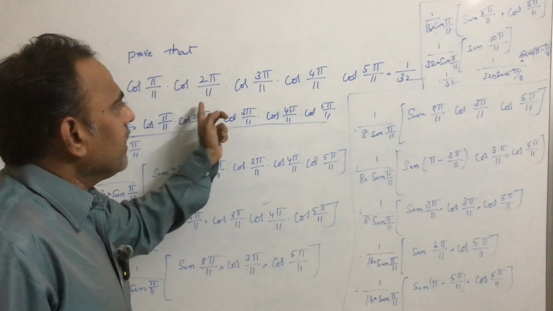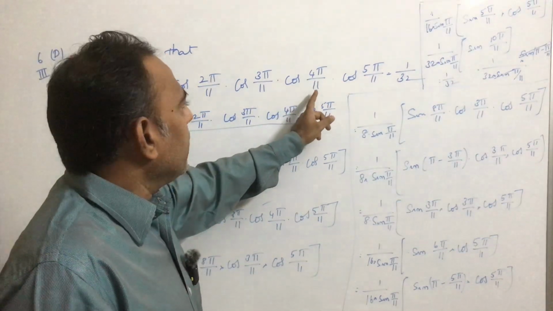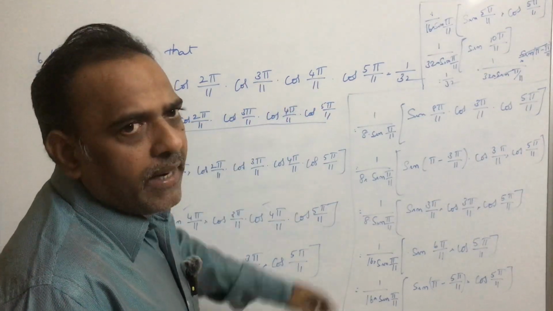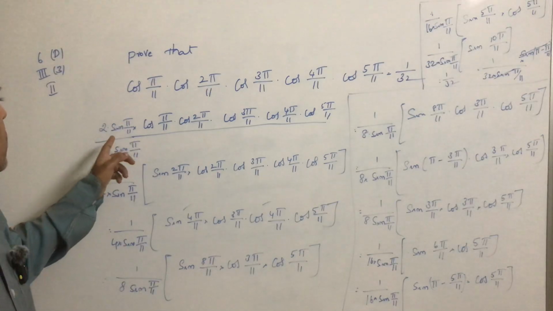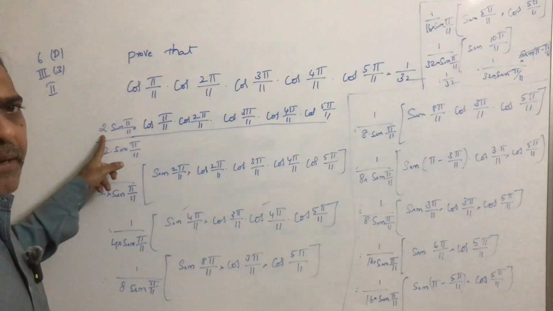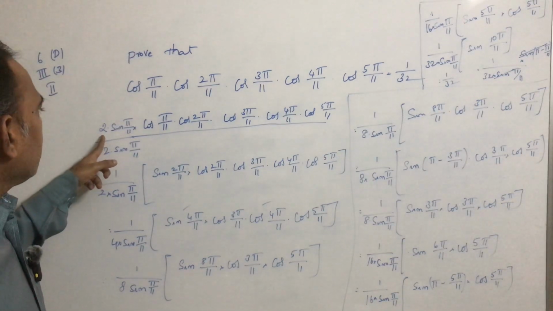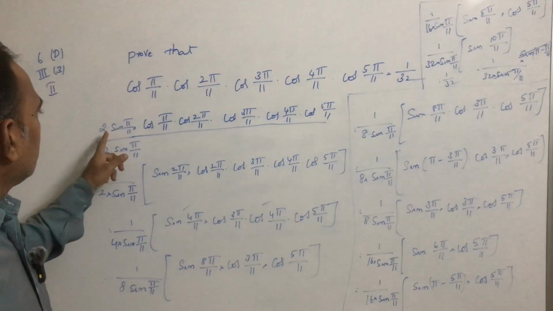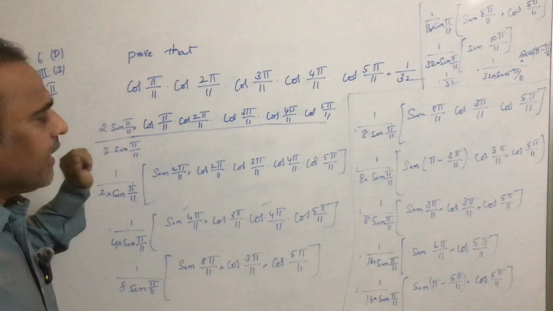Again we will combine the term with cos 4 pi by 11. In that way we will combine them. So to perform the same thing, we need to multiply numerator as well as denominator with 2 sin pi by 11.